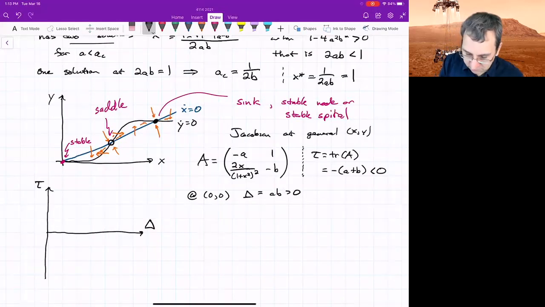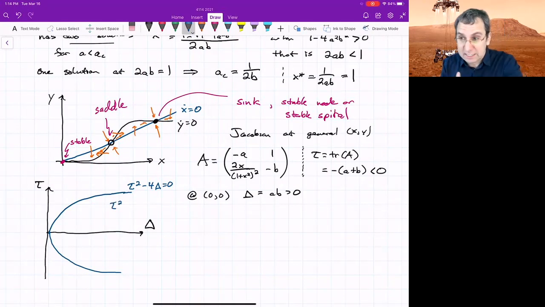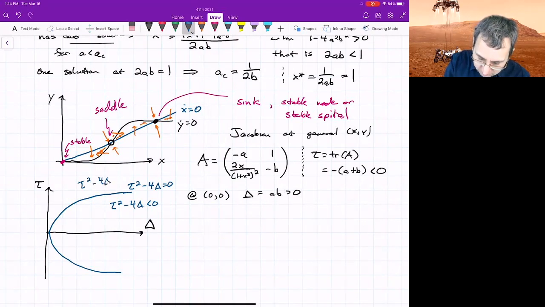So if we were to plot this parabola that separates, if you remember what this was, this is tau squared minus 4 delta equals 0. Everything inside the parabola is tau squared minus 4 delta less than 0. And everything outside on both sides here is tau squared minus 4 delta greater than 0.